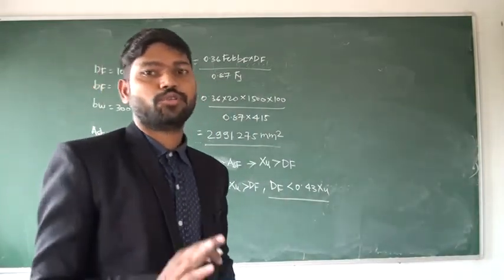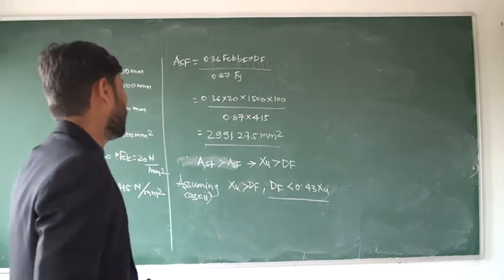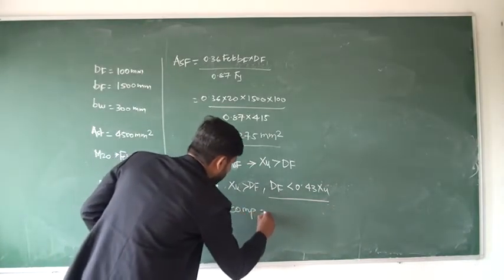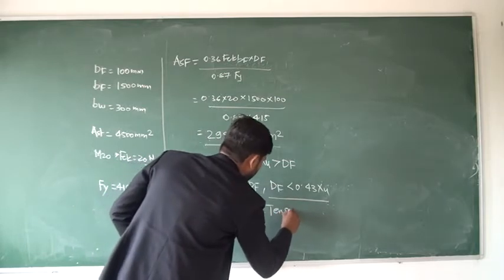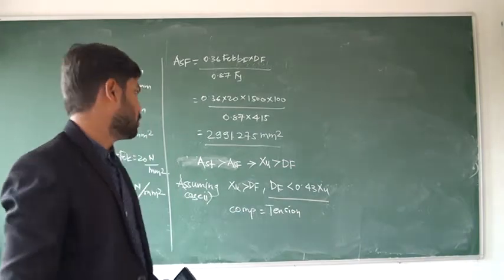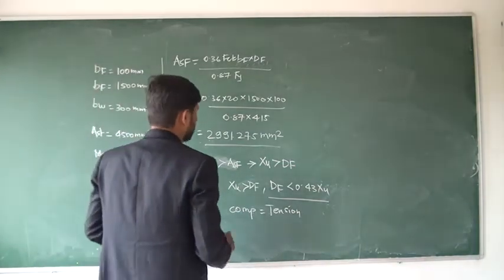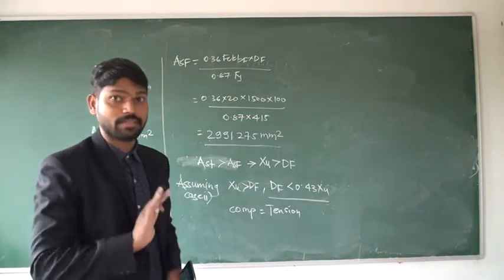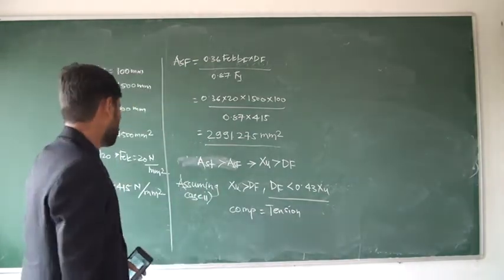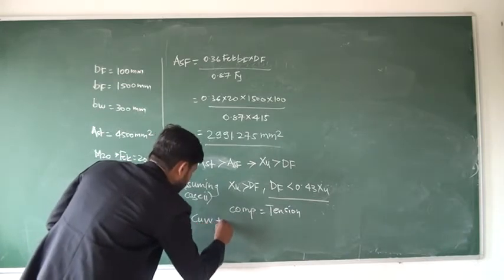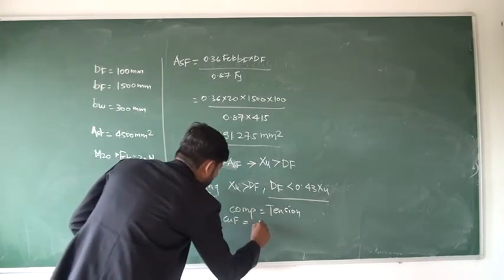Case 2 means XU is greater than DF, that is okay, but DF is less than 0.43 XU. So we are assuming this. Now we will calculate the value of XU. Again we will equate compression equal to tension. Compression in web separate and compression in flange separate. We have calculated this in our previous lecture. So CUW plus CUF is equal to tension.